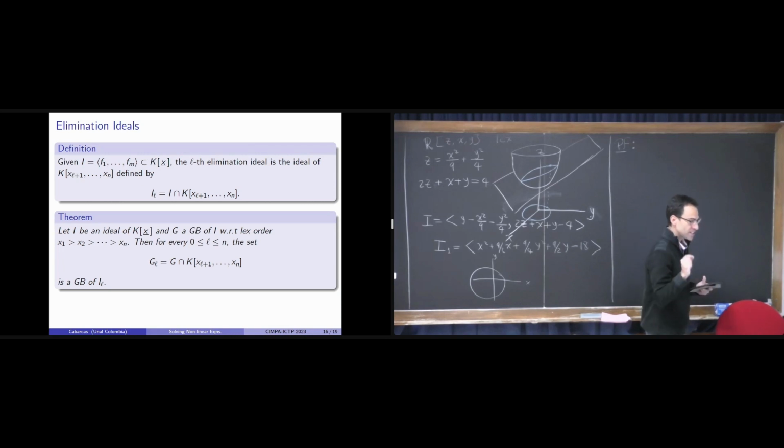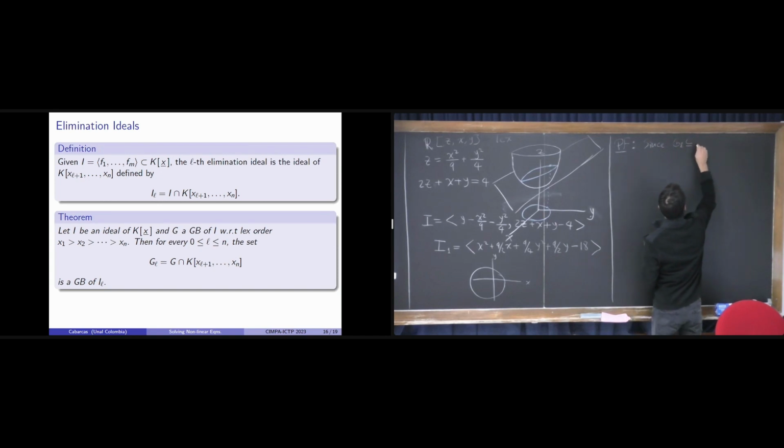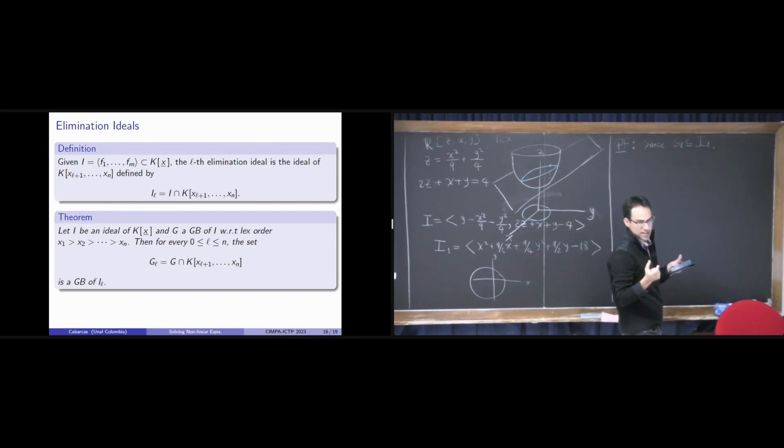So we want to prove that G_L is a Groebner basis of I_L. So it's clearly a subset. So all we need to prove is that it generates all the leading terms.